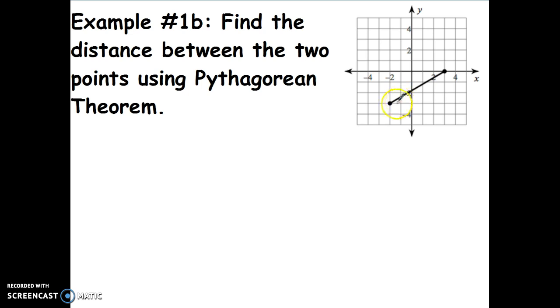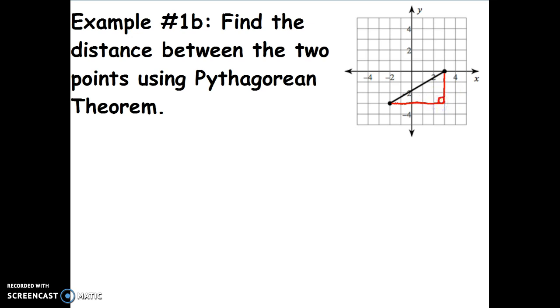All we have here is a diagonal line segment, but we can create a triangle with it. I'm going to start at this point and go down, and then start at this point and go right. Now we've created a triangle, with this being our right angle.